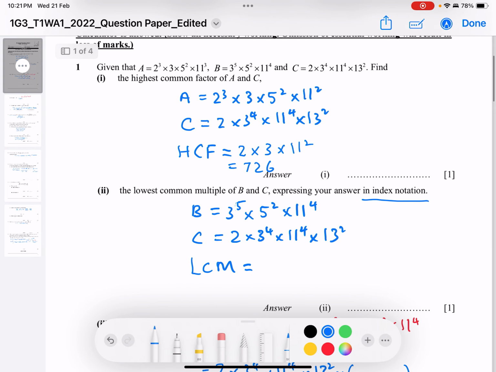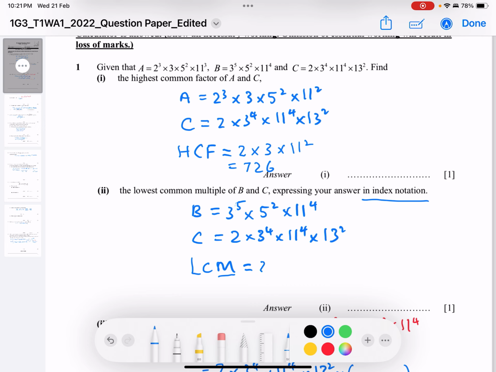In the second part, we have to find the LCM of B and C. Now the LCM is a multiple, which means it's a bigger number than B and C, and it must have the factors belonging to both. Therefore, every number must be considered.